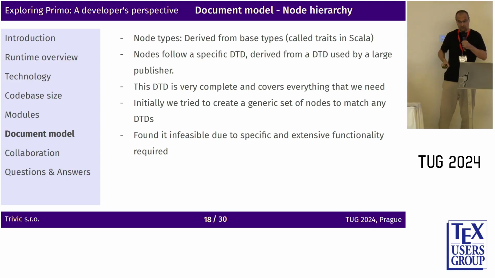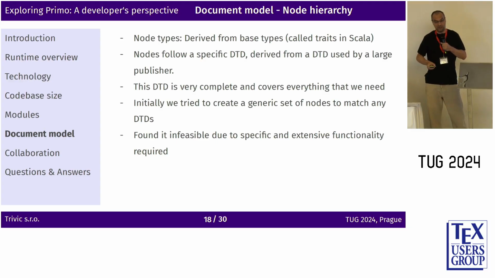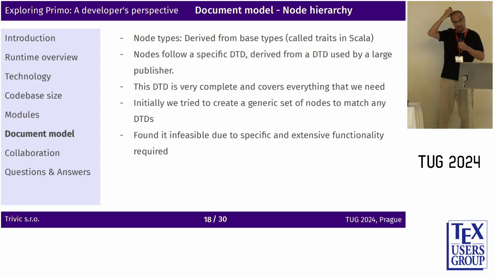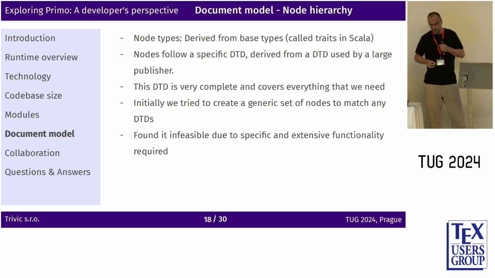Initially, we tried to not tie Primo to a specific DTD, but we failed at that time because the DTD of the publisher has a specific set of nodes, and there is a specific extensive functionality.